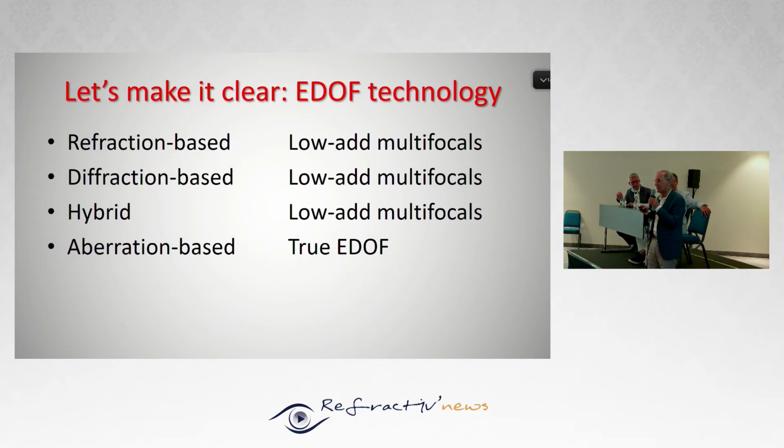True EDOF lenses are those based on a modification of the spherical aberration in the central part or over the entire anterior lens surface. So EDOF lenses, in my opinion, should have no rings.